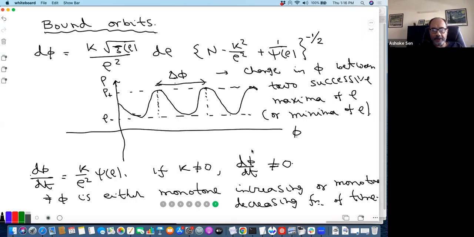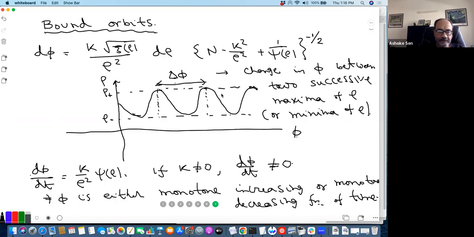Now, why is this important? This is important because if we want the orbit to be periodic, then we want that when rho comes back to its original value, so suppose you start from here and it comes back to the same value, phi in that case should change by a multiple of 2 pi.